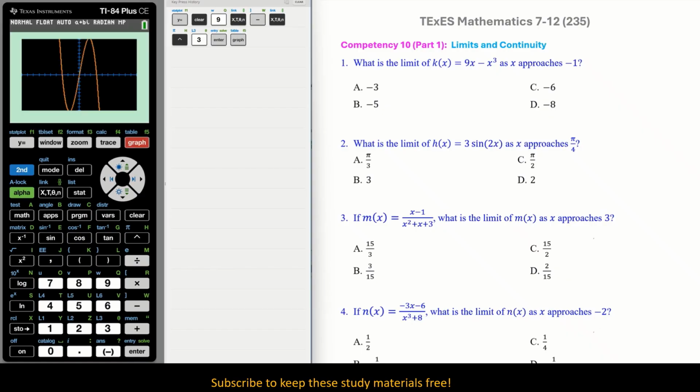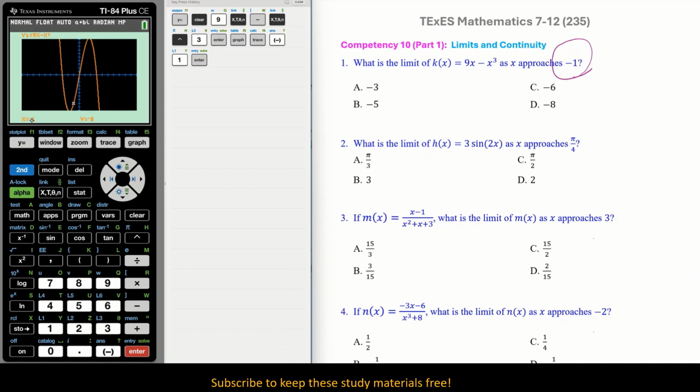So we can do one thing first. You have two options here. You can push trace, and we're saying -1. When you have it on trace and you see that flashing, put in the value that you're approaching. So that's -1, enter.